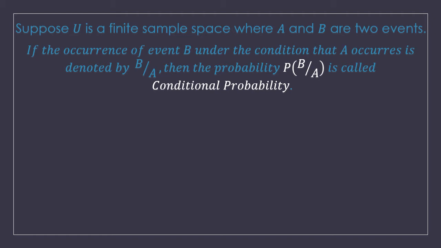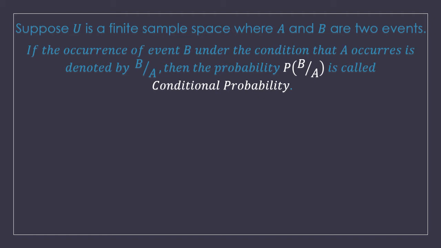That means when we have to find the occurrence of B when A has occurred, we denote it as B given A, and the probability is called the probability of B given A. Here B is supposed to be calculated and A is already given. That means the value at the top is to be found and the value at the bottom is a condition, it is already given.